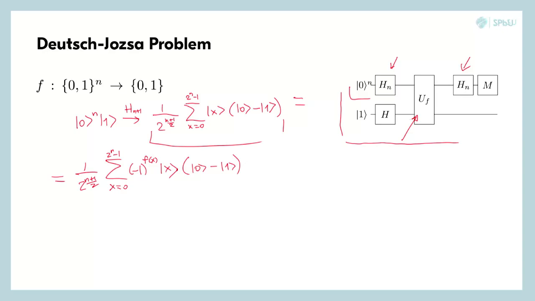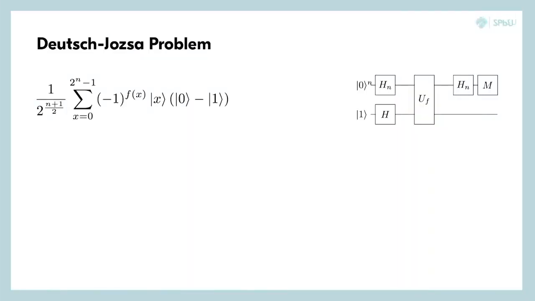And we are now going to take a close look at this state here, to which we have to apply the Hadamard transform. So let us concentrate on this X register now, because only it we have to modify and measure from this point. So we can forget about this and about this.